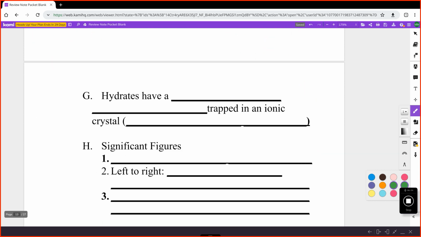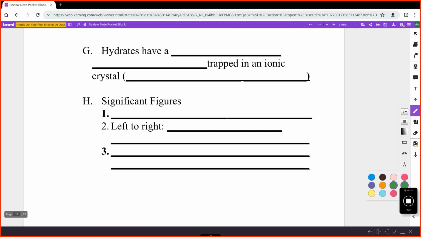Okay? So now we'll get to the last part of this topic, and we'll talk about hydrates. Hydrates have a specific amount of water. It's an ionic salt with a specific amount of water trapped in an ionic crystal. In order for us to do these types of equations, we're going to use the percent composition formula.